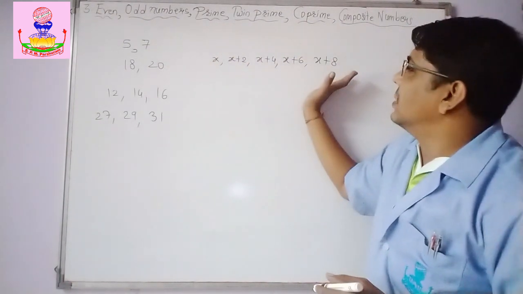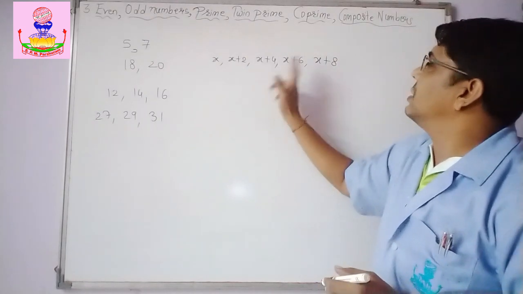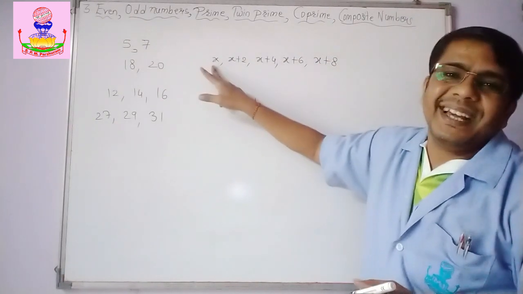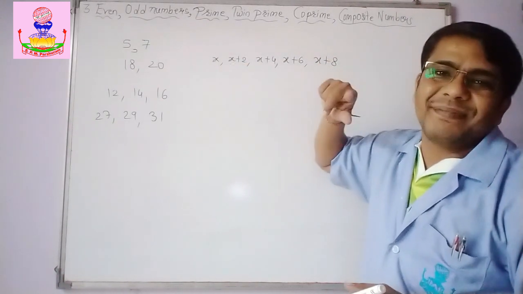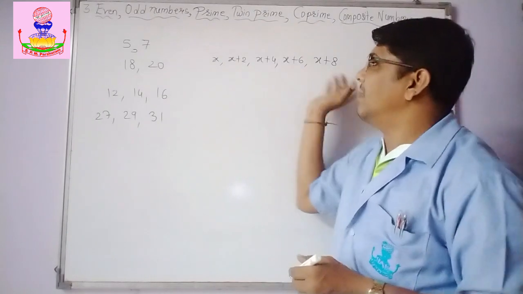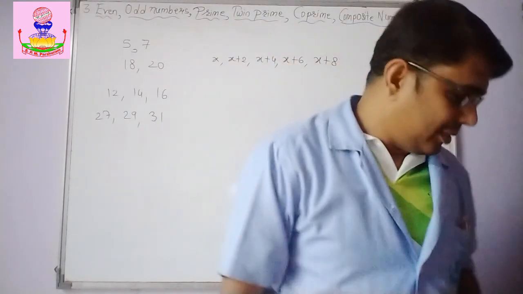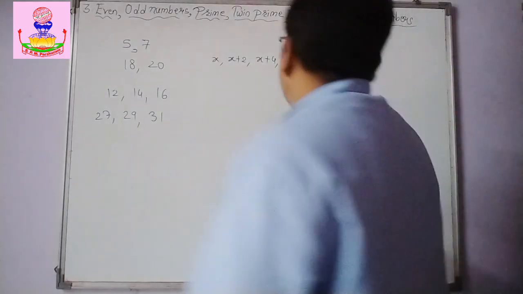If there are 5 numbers, the greatest is x plus 8, the smallest x, difference 8. Do you get it? So this is the generalization, and it can be used for odd numbers and even numbers also. Now some more properties. Let us go through that.